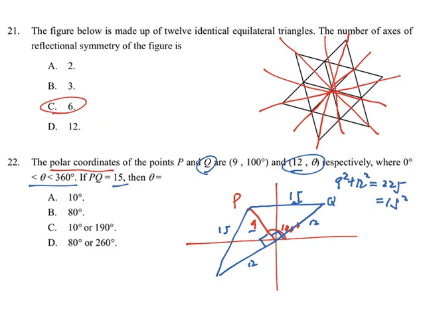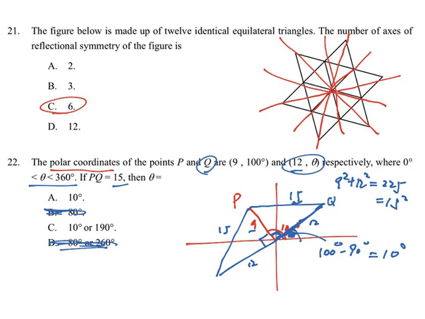So we can look at the degree. For the first quadrant, because it is a right angle, for this angle, it is 100 minus the right angle, 90. So 10 degrees. So 10 degrees is correct. So B and D are wrong.